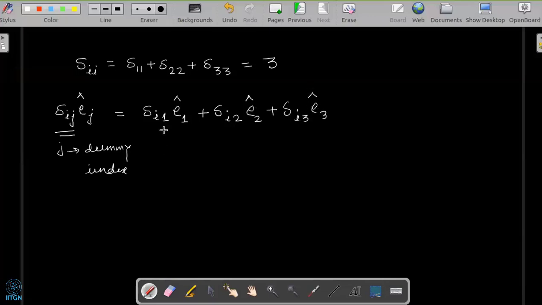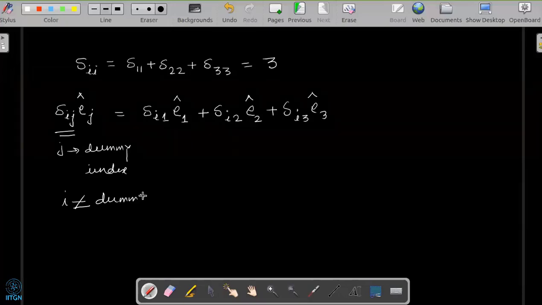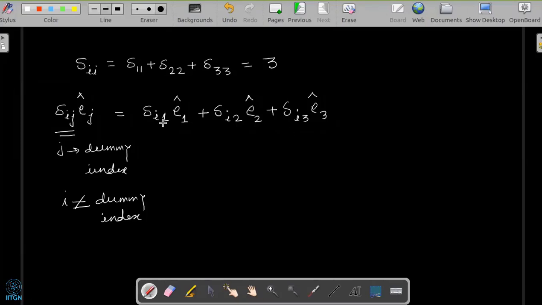Fine. Now since i is not a dummy index, we cannot do summation over i. So this is what the expanded form is. Now let's keep i equal to 1. What expression will you get?